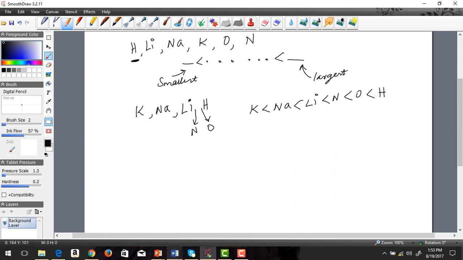It will probably be just these guys, and that is enough. But in this particular example, since I have hydrogen, that is the correct order. So this right here, folks, is the correct electronegativity sequence.